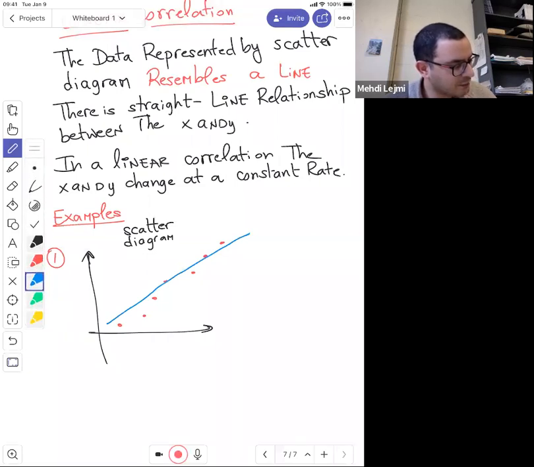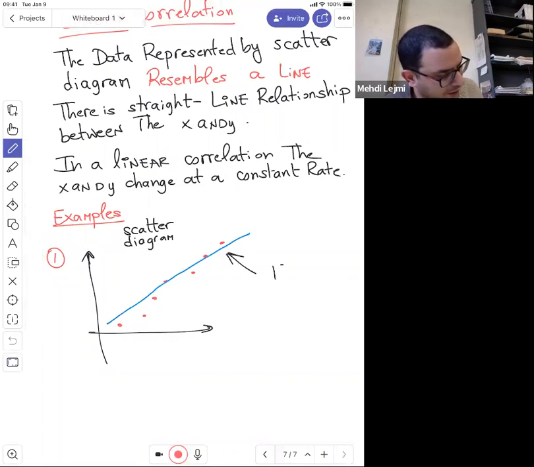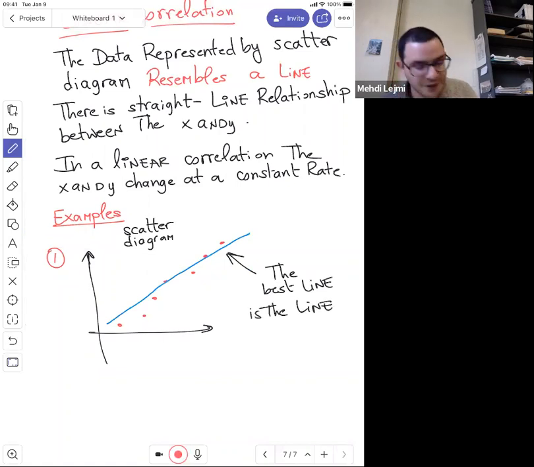So the best line is the line that comes closest to each point.